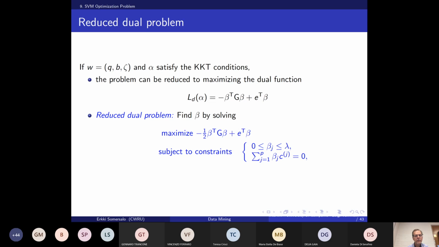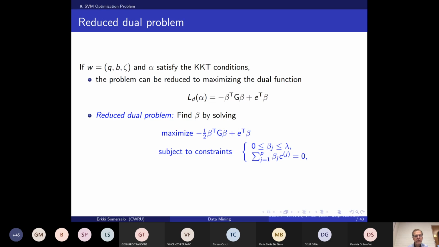The reduced dual problem is a quadratic optimization problem with constraints. You have a quadratic problem, beta transpose G beta, which is the quadratic part, and E transpose beta is the linear part, and E here is a vector whose components are all equal to 1. I should have written it here, for some reason it is left out, but remember, this E is just a vector of ones. Then you have inequality constraints for betas and an equality constraint, which is also important.